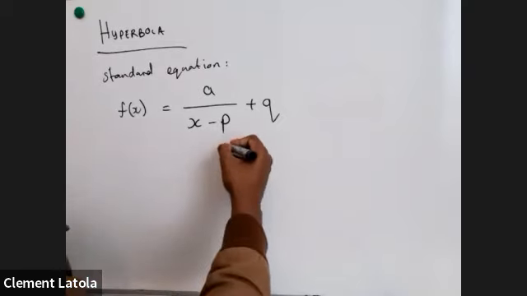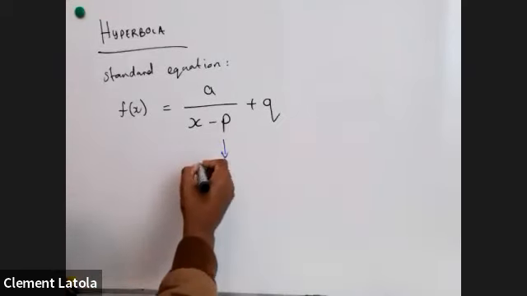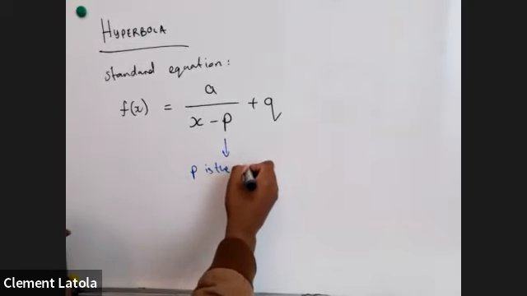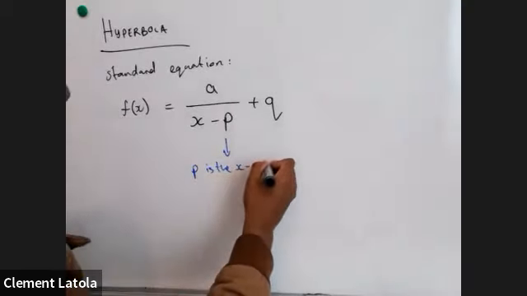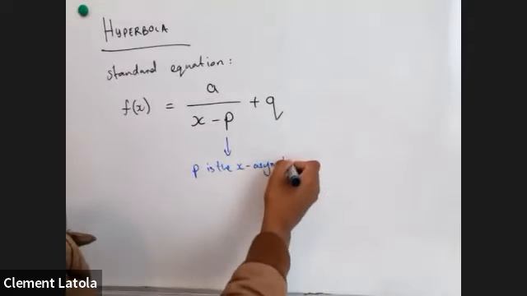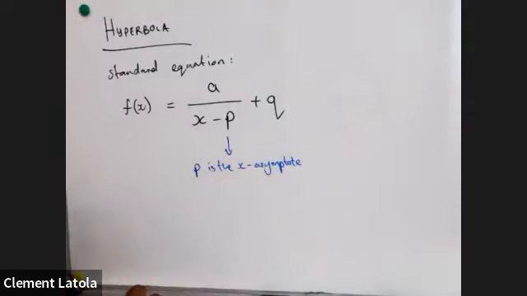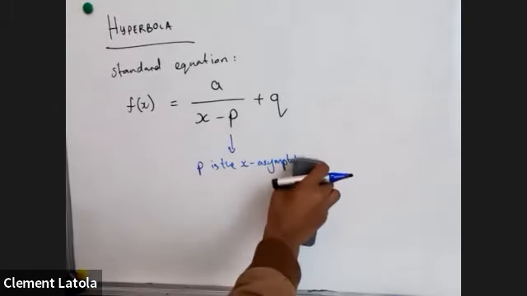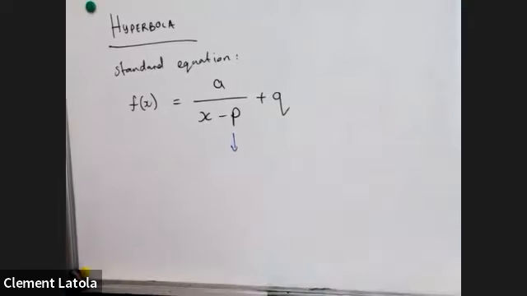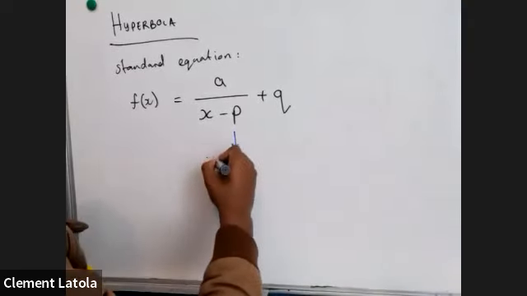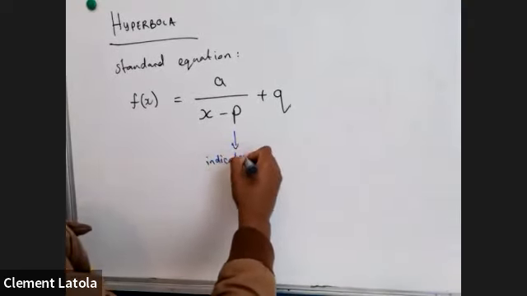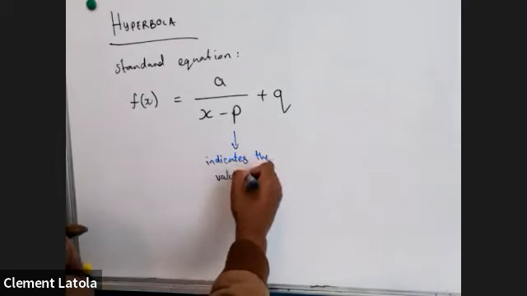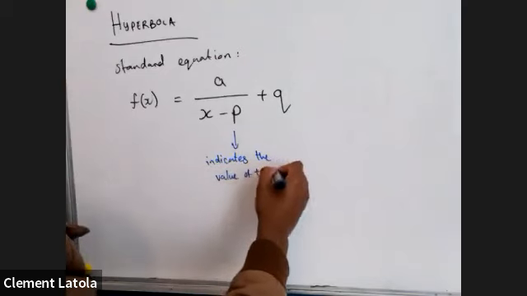So let me just write down what p is. P is the x asymptote, or it's an indication of where the x asymptote will be. P indicates the value of the x asymptote.